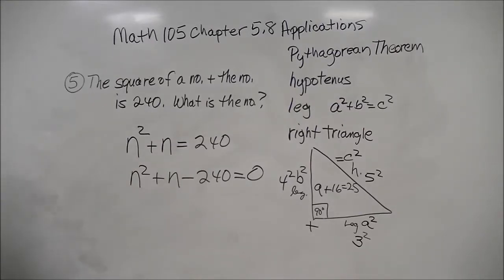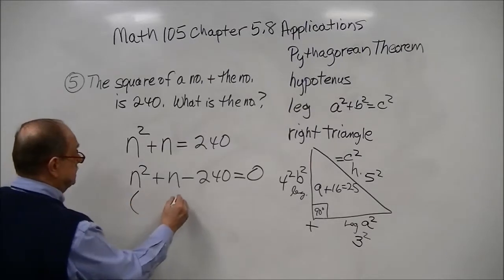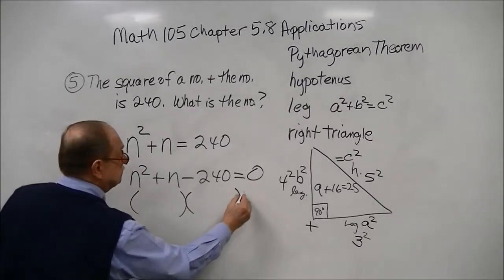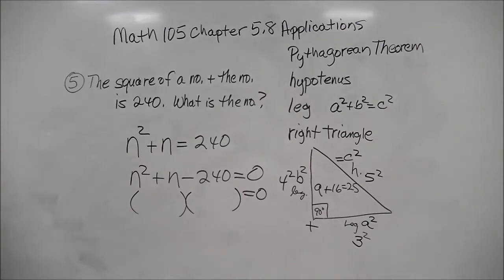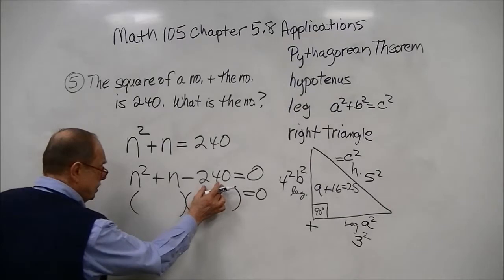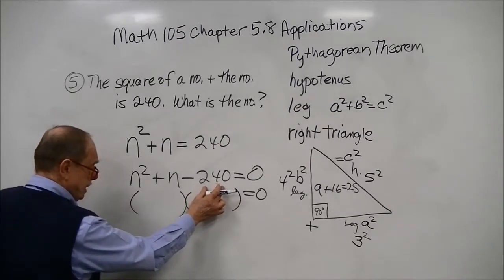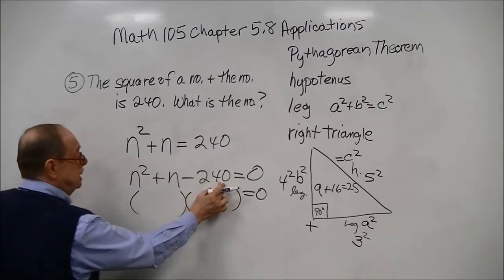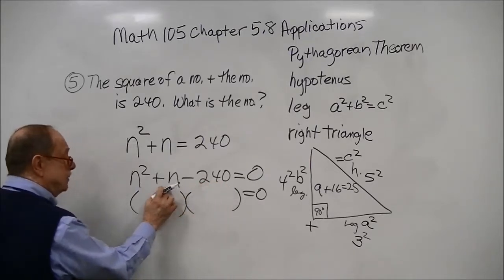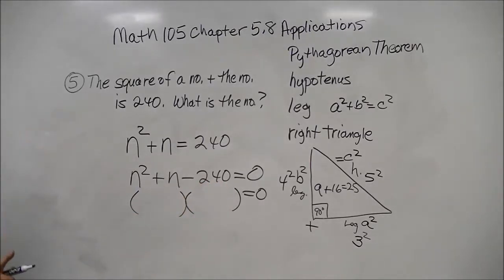And the only way we know to solve it is to factor it. And now we're looking for two numbers whose product is 240, but have a difference of 1.